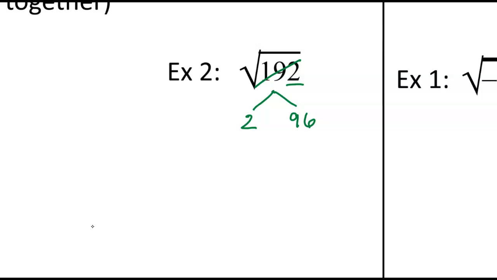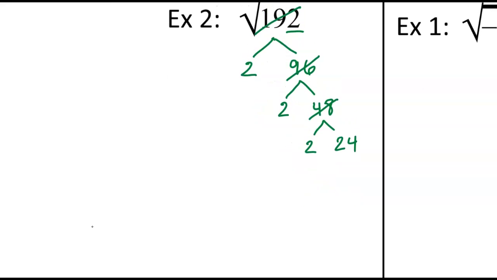Should we factor 2 or is it done? It's done. Can we factor 96? What goes into 96? 2 and 48. What goes into 48? 2 and 24. What goes into 24? 2 and 12. What goes into 12? 2 and 6.